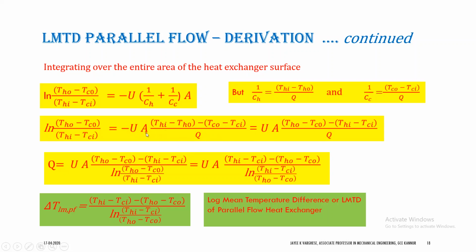We have UA, minus Tho will become plus Tho.